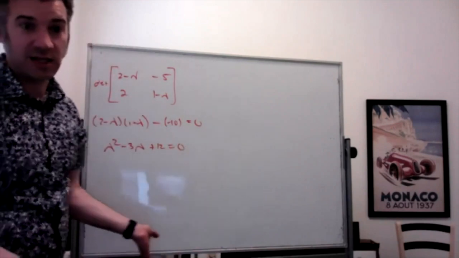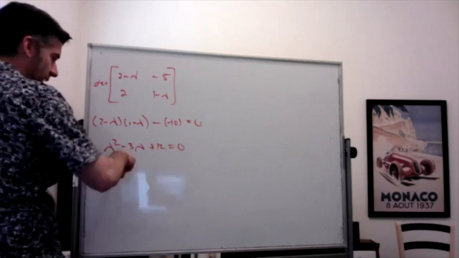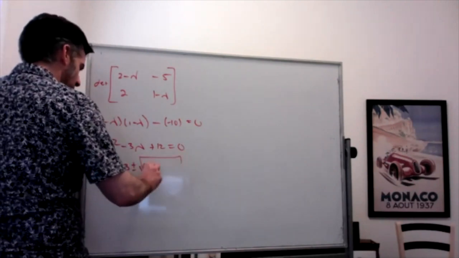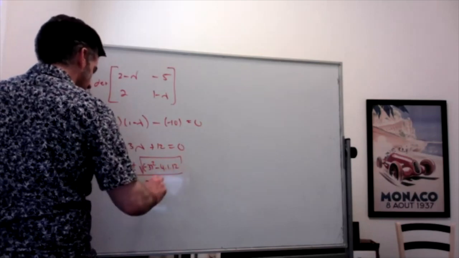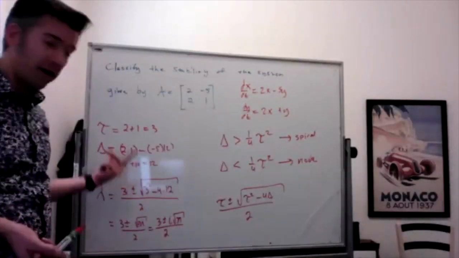You're still getting to the same quadratic formula, right? Your answer here is going to be lambda equals -3 plus or minus the square root of -3 squared minus 4 times 1 times 12, all over 2 times 1. Literally the same thing we have right here.